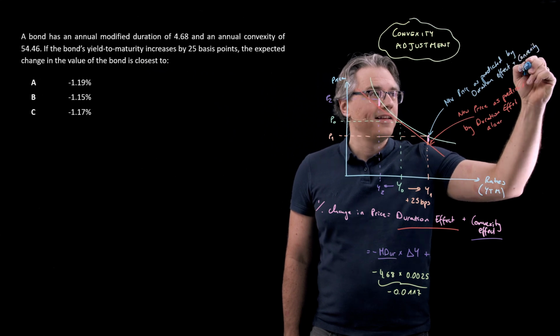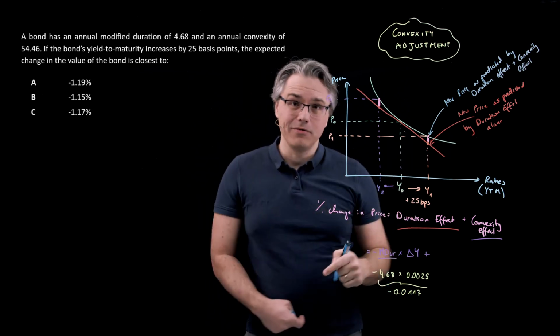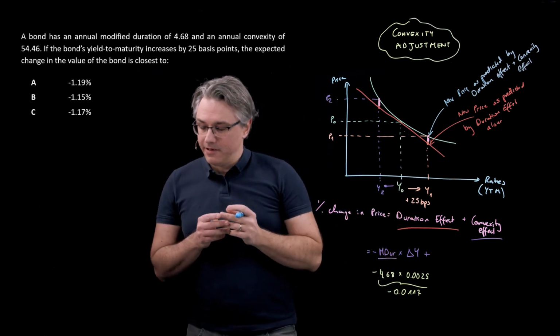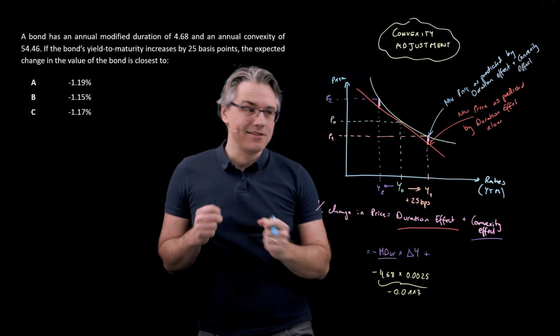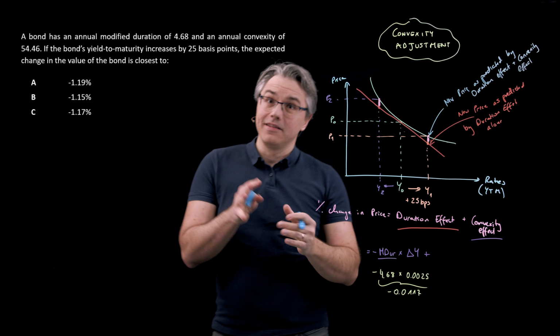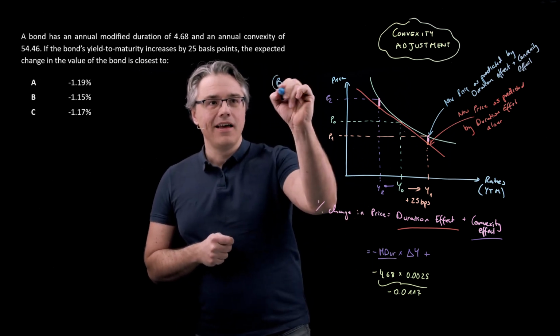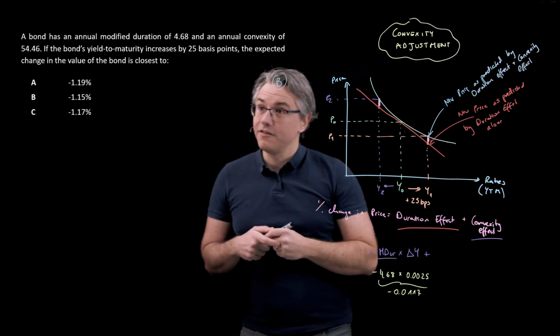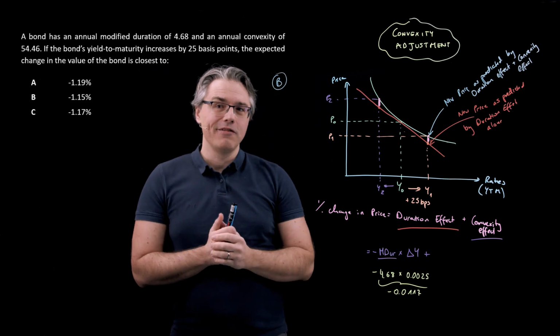And as I said, the drop will be less severe than 1.17. And if you look at the possible answers to the question, there's only one single answer which satisfies this condition, that the drop is less than 1.17%, and that is answer B, which actually says 1.15%, doesn't it? So I've already answered the question. I don't need to go any more.